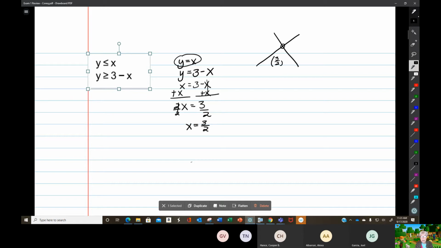If x is 3 over 2 and you have y equals x, well, duh, y is going to equal 3 over 2. So that's your vertex right there.